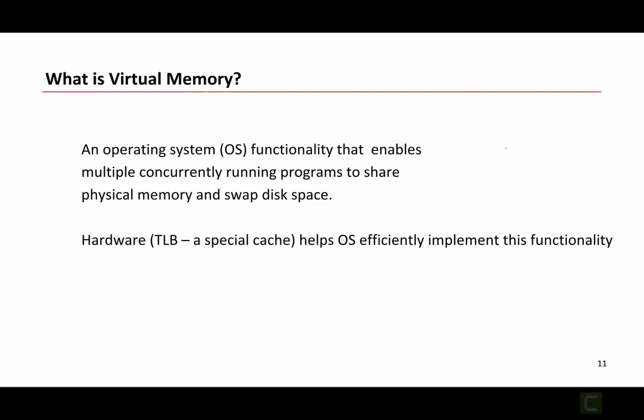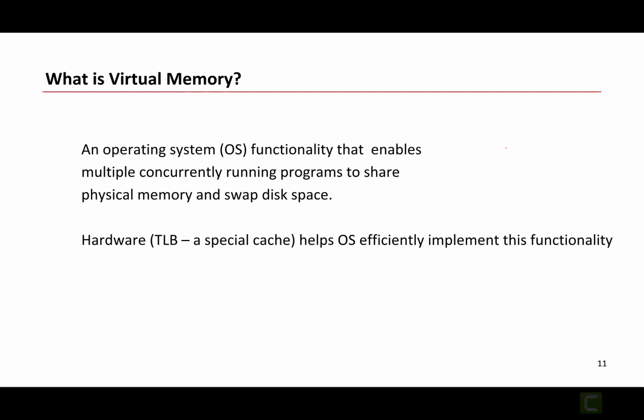On my computer now, I'm running PowerPoint, but in the background, I'm also running web browsers and video editing software and so on. So there are several processes running simultaneously, and they all need to share whatever hardware resources I have on my computer.